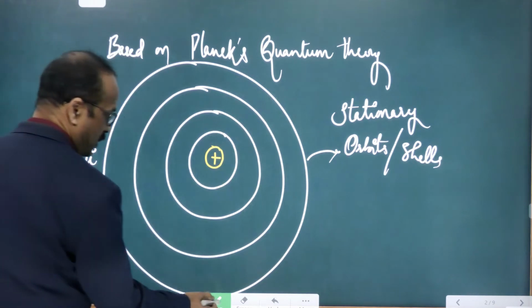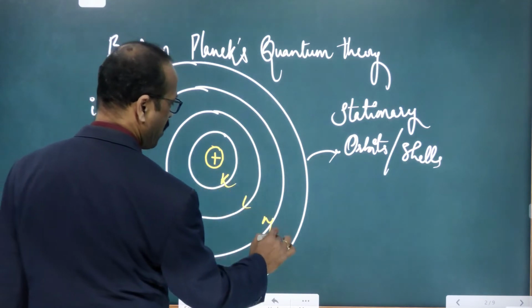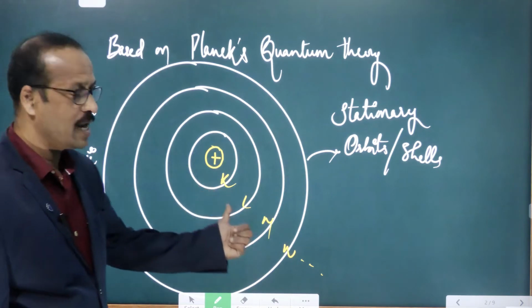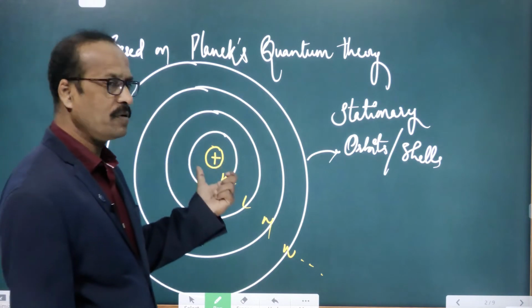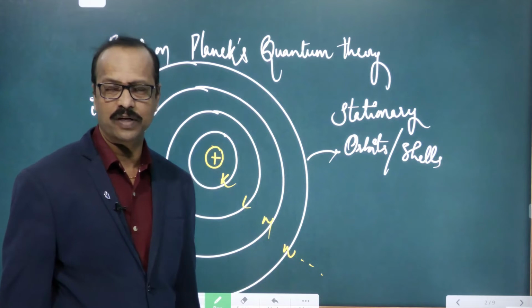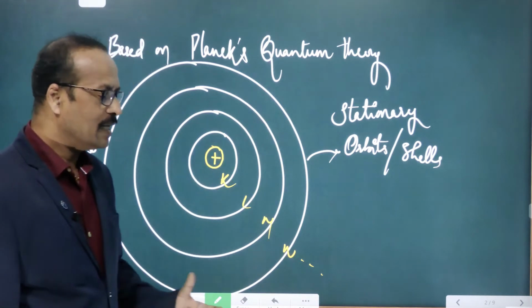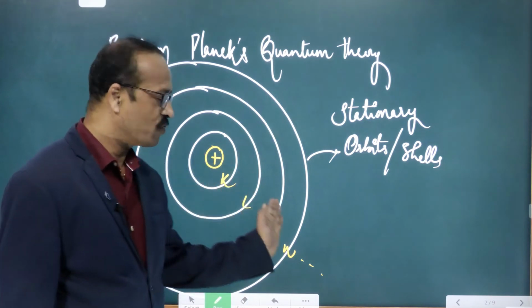Here these orbits are named K, L, M, N and so on. And he said that every orbit is associated with some definite amount of energy, and the energy of the orbit increases as we move far from the nucleus.